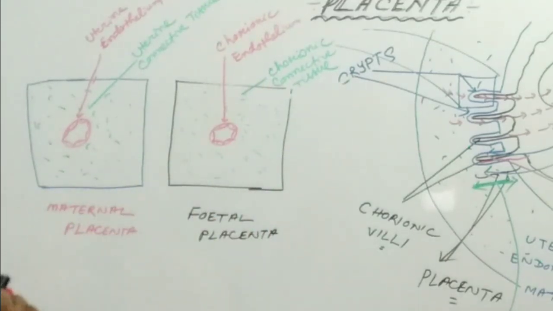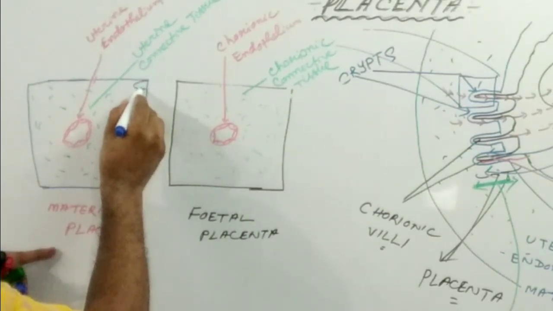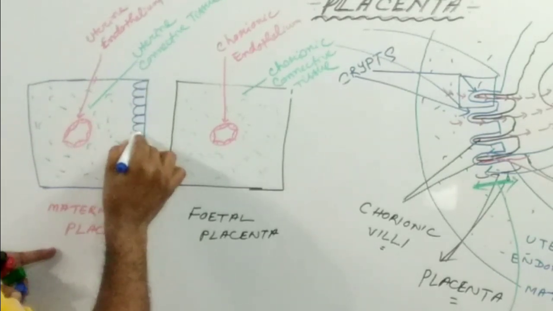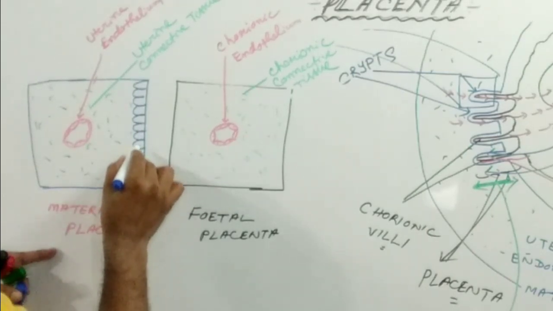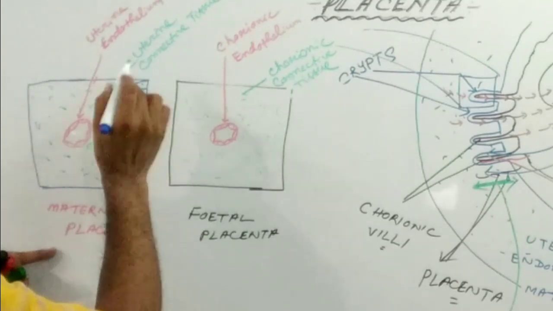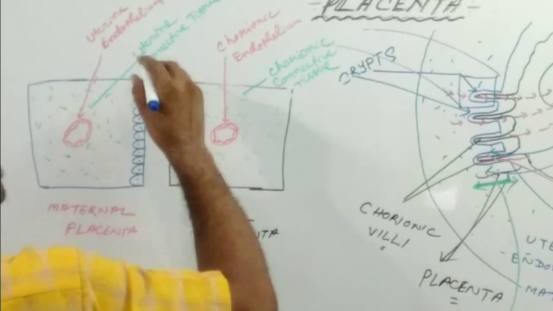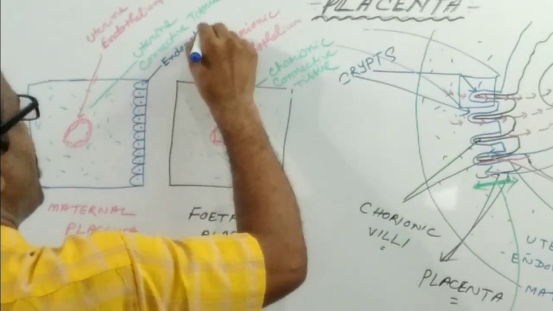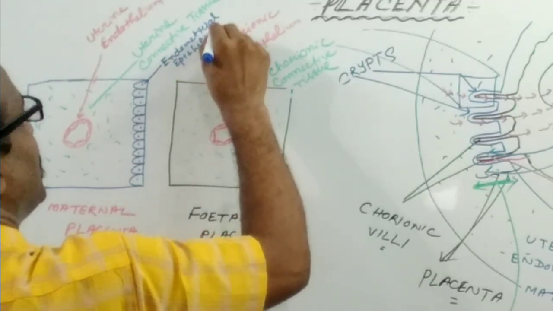On the outer surface of the uterus, the endometrium, there is an epithelial lining, and this epithelium present at the outer surface of the endometrium is known as the endometrial epithelium.